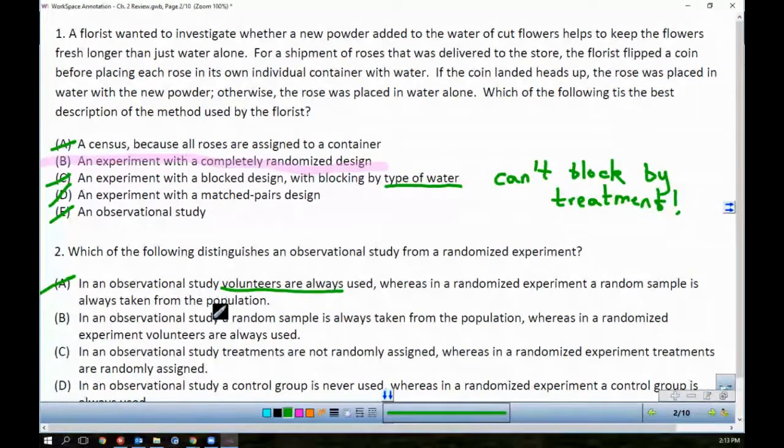B, in an observational study, a random sample is always taken from the population, whereas in a randomized experiment, volunteers are always used. Is that true? No, why not?